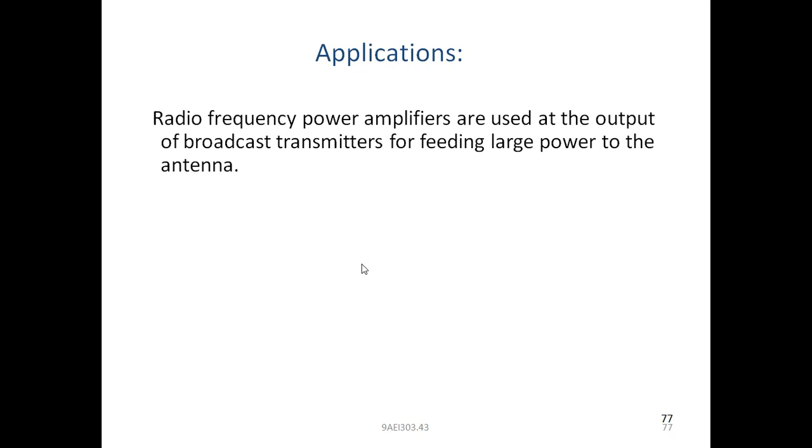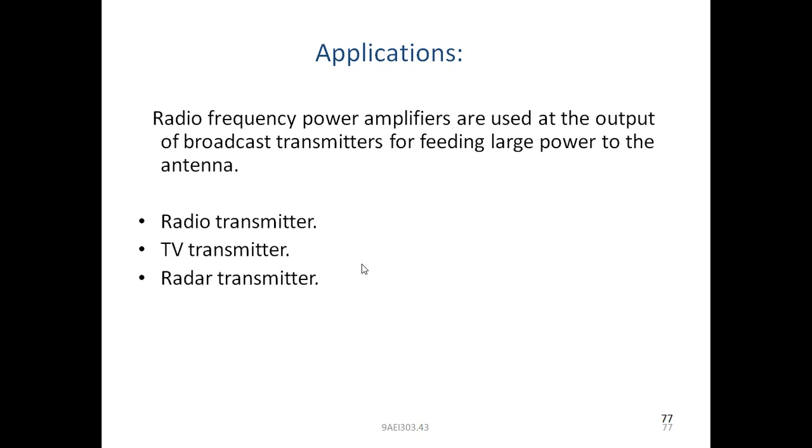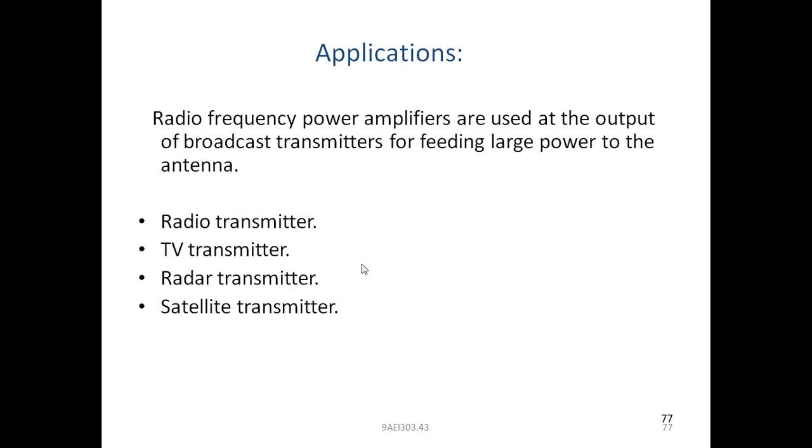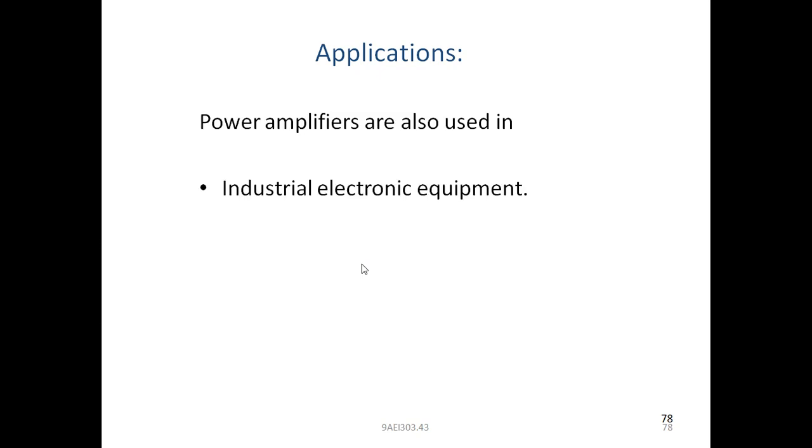Examples are radio transmitters, TV transmitters, radar transmitters, satellite transmitters, etc. In this communication, radio frequency power amplifiers are used for delivering large power to the antenna, that is, at the output stage.